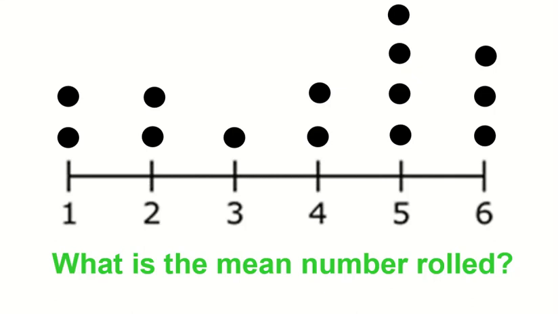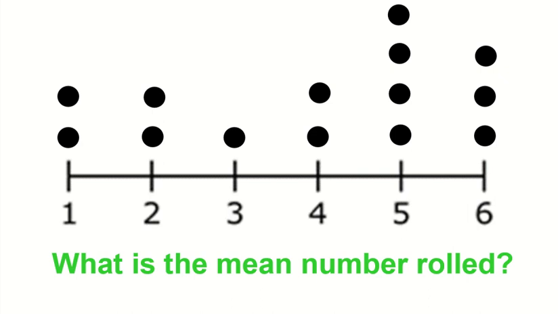All right, find the mean. All right, Sydney, what you got? 3 and 13 over 14, that works.